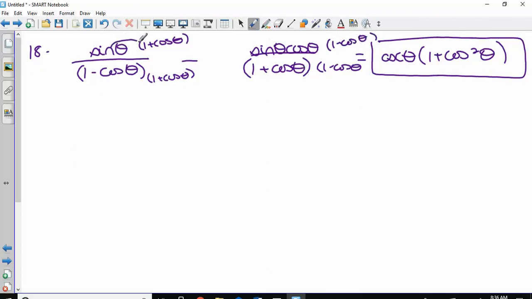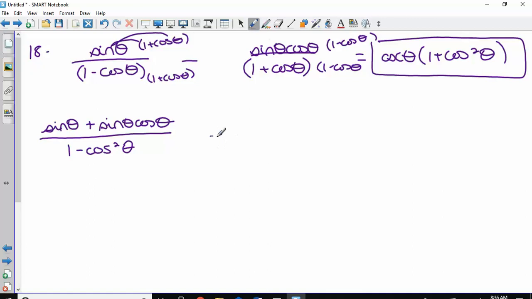So in the first fraction, we have to distribute. So sine theta times 1 is sine theta plus sine theta times cosine theta over, if you FOIL the denominator, you get 1 minus cosine squared theta. Okay, second fraction, sine theta cosine theta times 1 is still sine theta cosine theta.